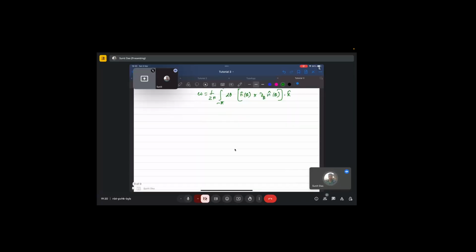So this is the winding number, and this tells us the total phase gained out of a twist in the vector field.